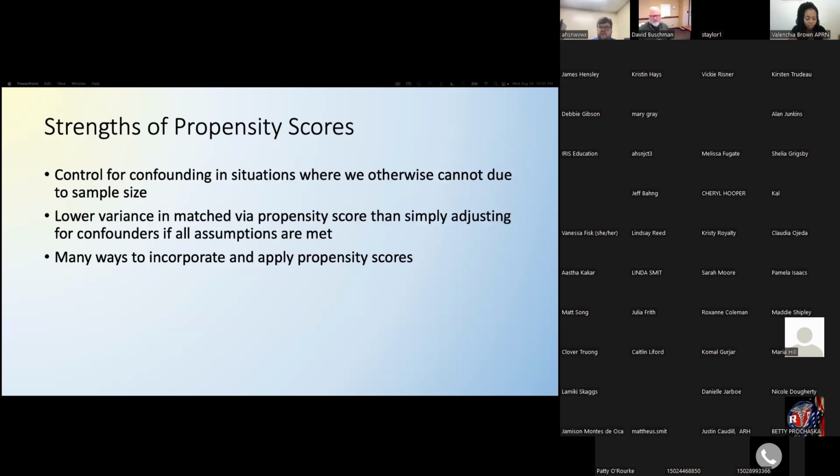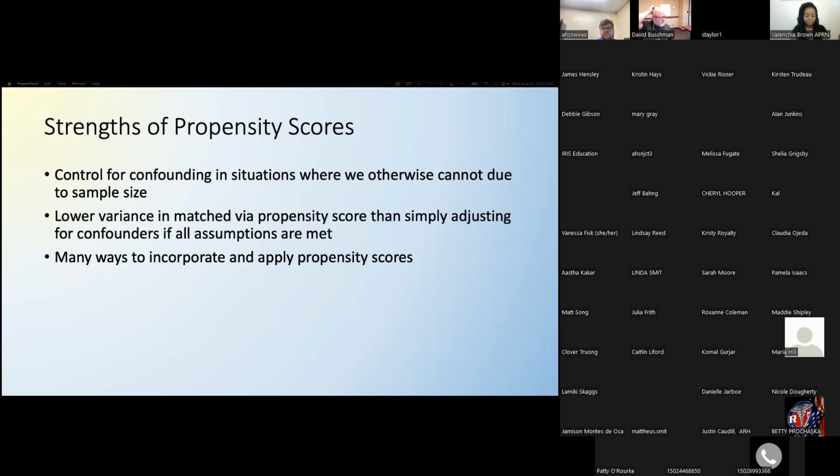If you remember, in the COPD and SARS-CoV-2 model, we had unfortunately a relatively small sample size for what we would want to try and adjust for. And if you meet all the assumptions of propensity scores, they'll have lower variance for a matched data set than simply adjusting for confounders.